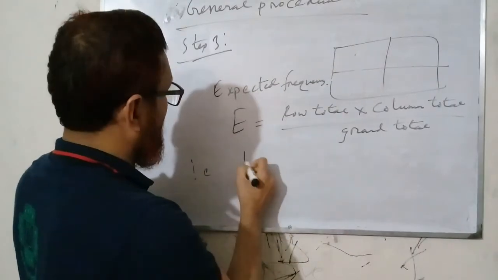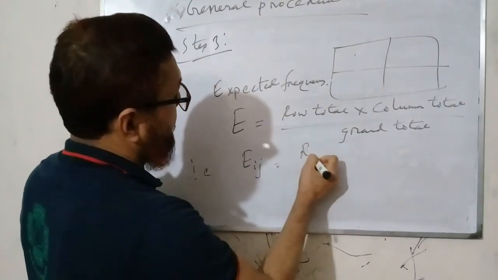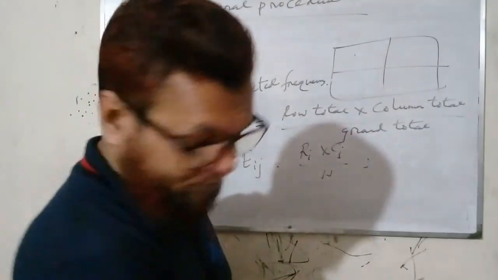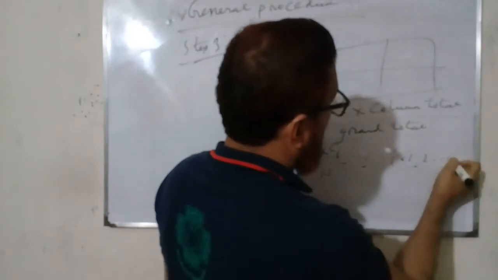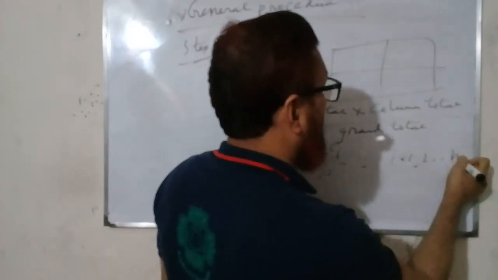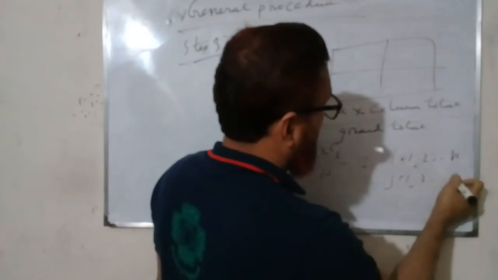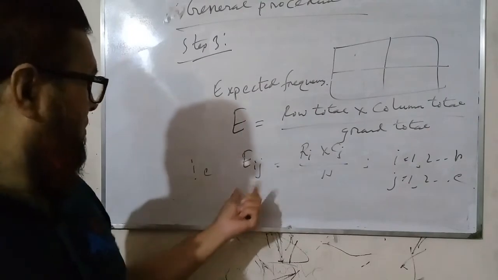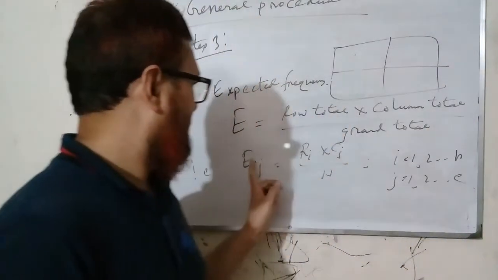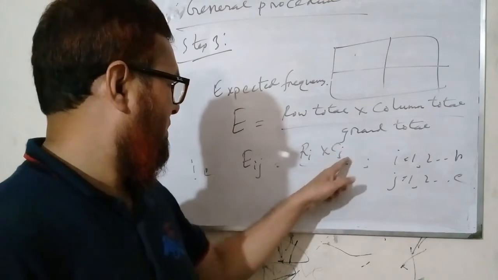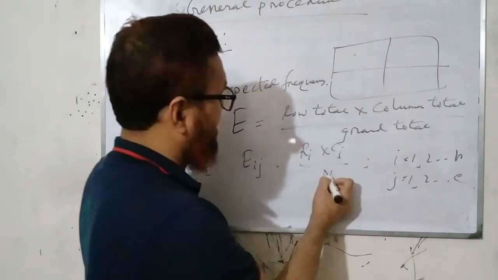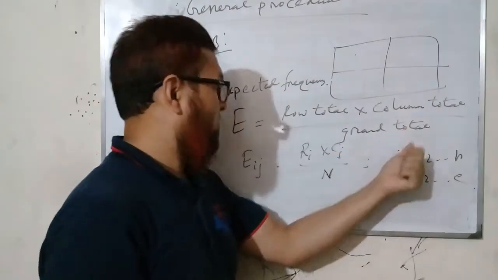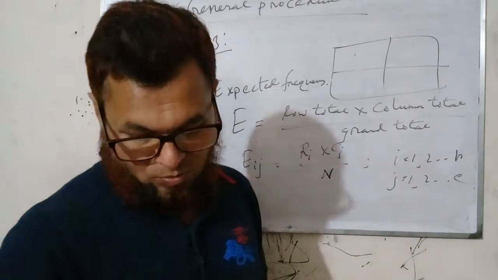That is, in general, Eij equals Ri into Cj by n, i equal to 1 to R, j equal to 1 to C. Ri means row total, Cj means column total and n means grand total.